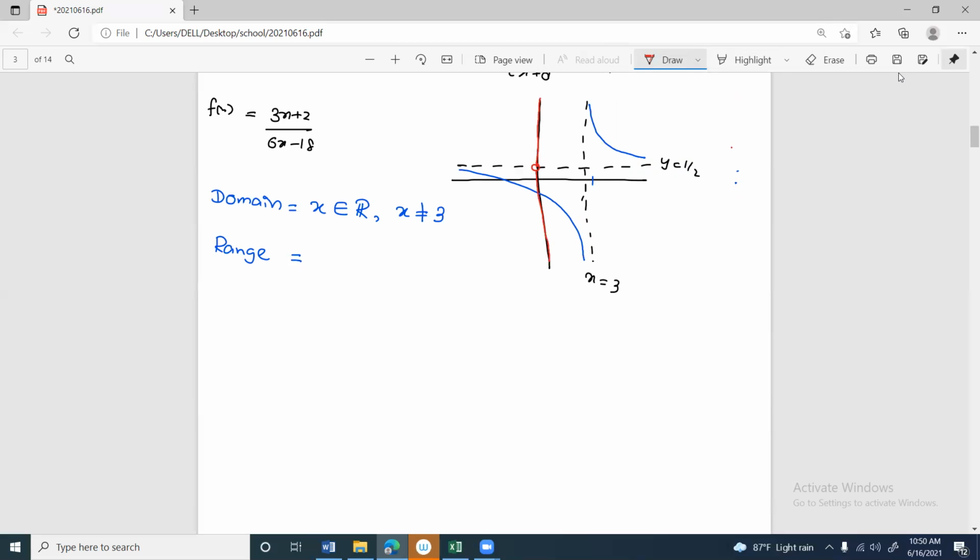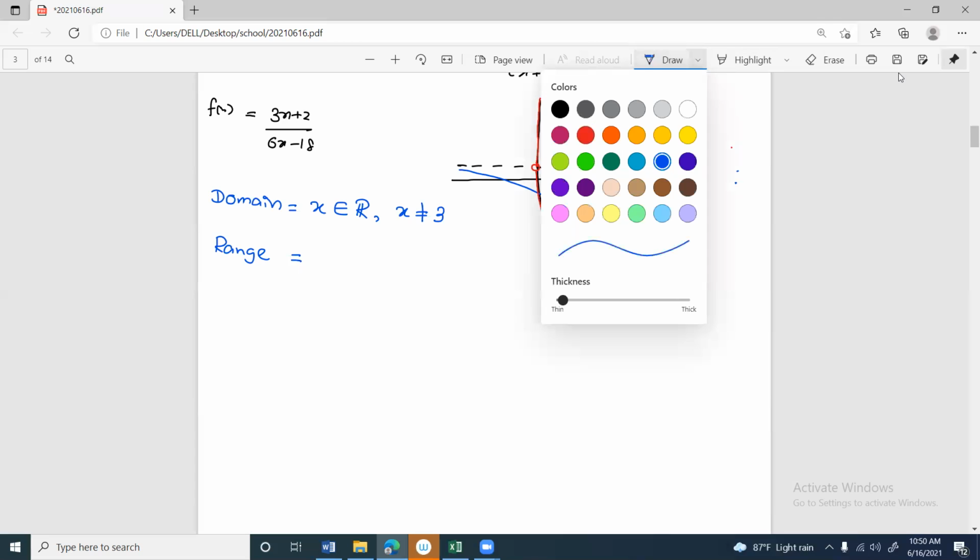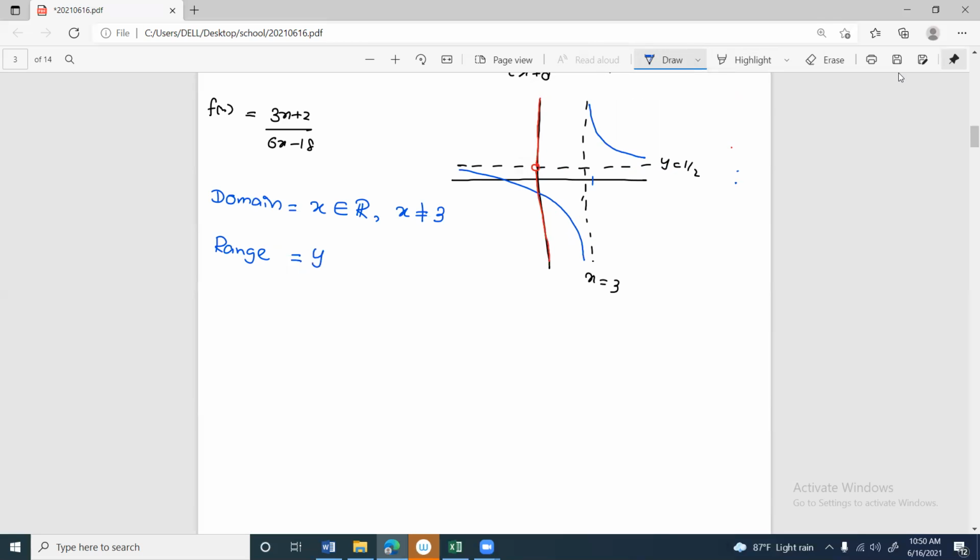So you can say the range becomes how much? You can say y, or fx. It's mentioned as fx, therefore write fx is any real number, and you know that fx is not equal to half. Except half, all other y values are accepted for this function. That's a fact we have to understand with this kind of graph, right?